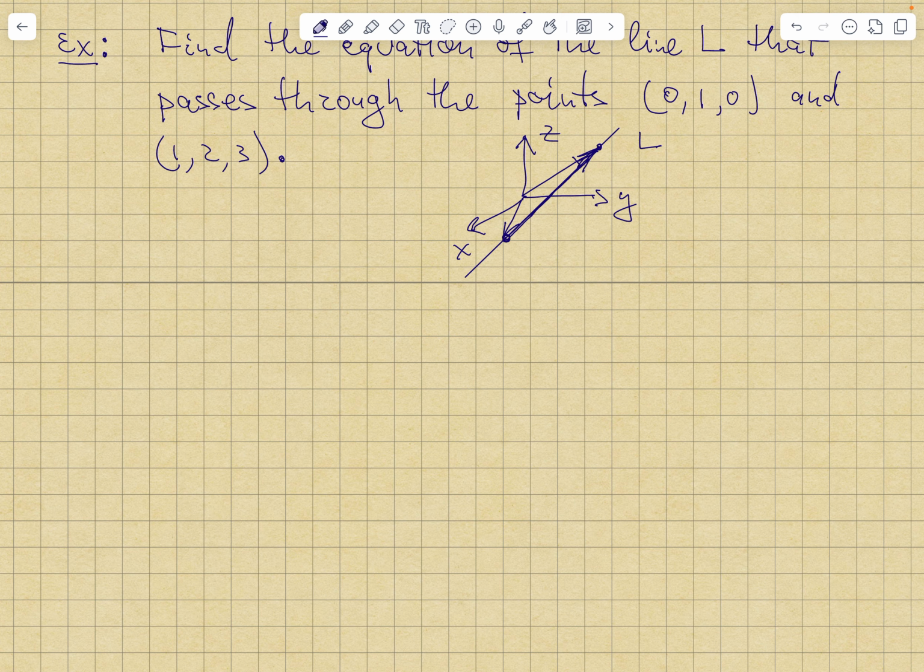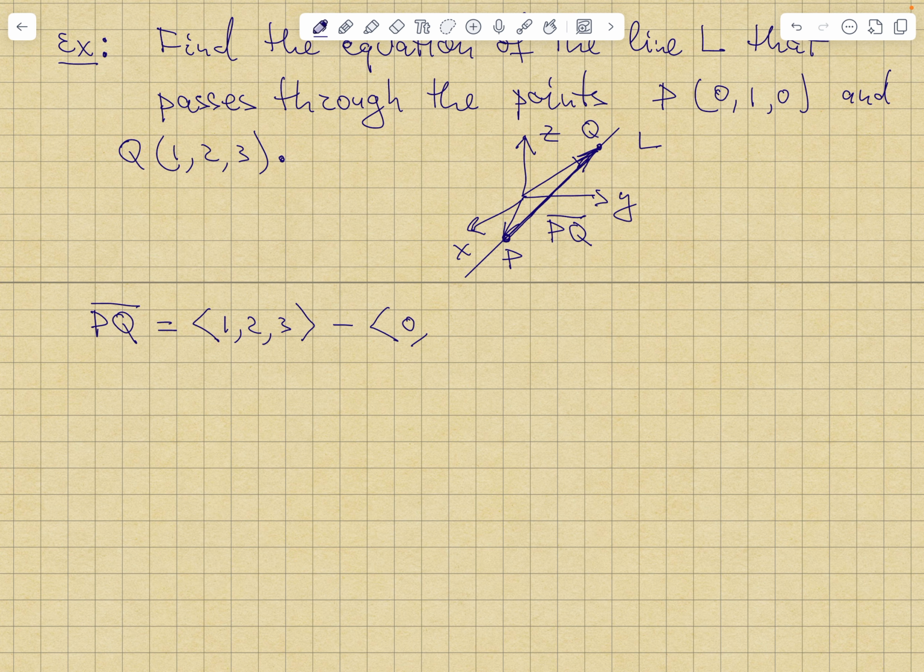So if I call the point 1, 2, 3 Q and the point 0, 1, 0 maybe P, then this vector is going to be PQ if this is P and that is Q. And so vector PQ should be 1, 2, 3 minus 0, 1, 0, which is 1, 1, 3.